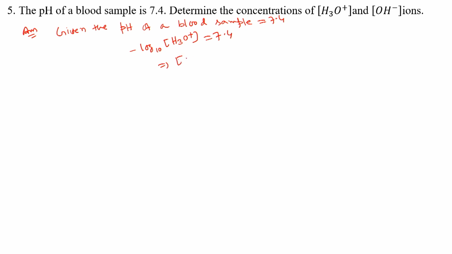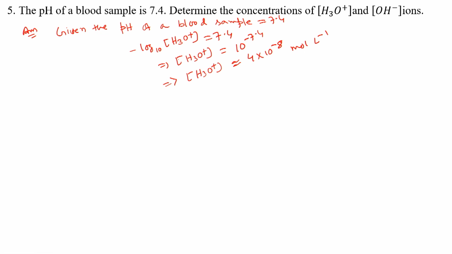So, concentration of H3O plus is 10 raised to the minus 7.4. So, if we calculate this, we get concentration of H3O plus is approximately 4 times 10 to the minus 8 moles per liter. So, this is the concentration of H3O plus.